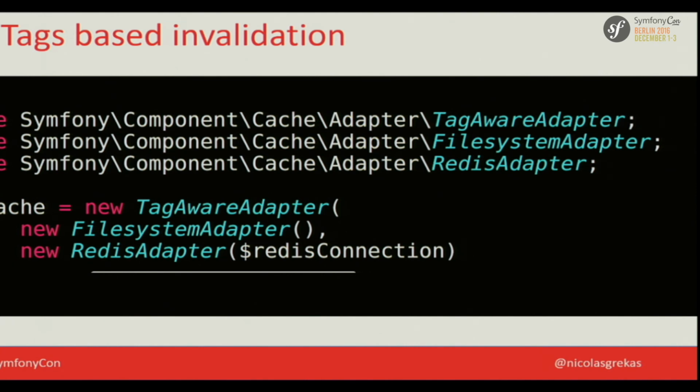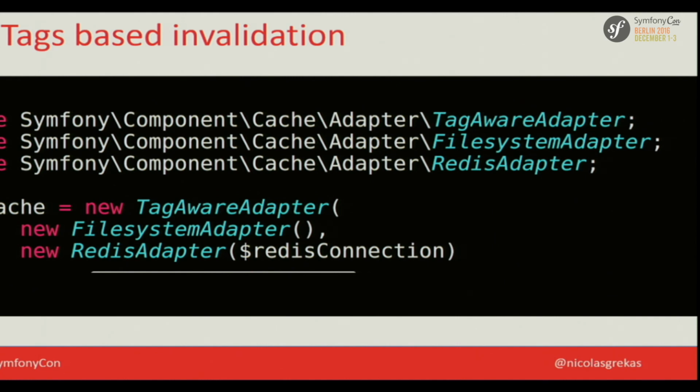Last topic on the tags-based invalidation, you can chain and have different storage for items, so the data you put in the cache, and tags. Let's say in this example, we have a local file system storage for the data, so you can have data duplicated on every front, each one with its own copy of the cache system and cache data.